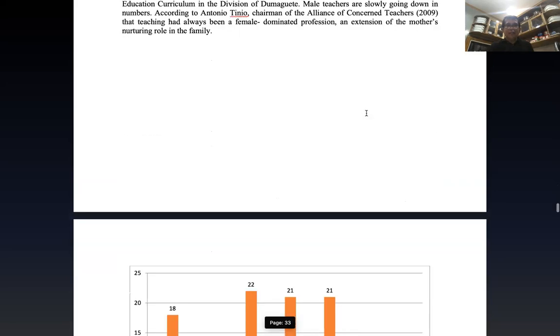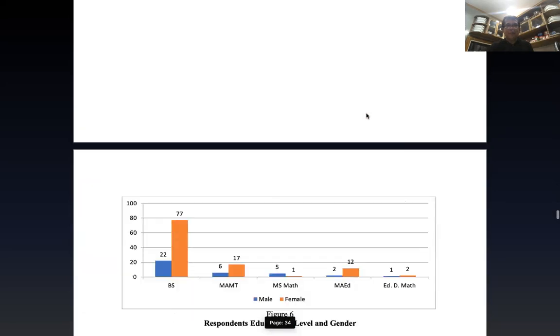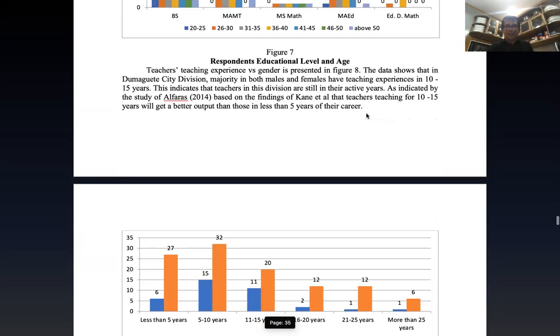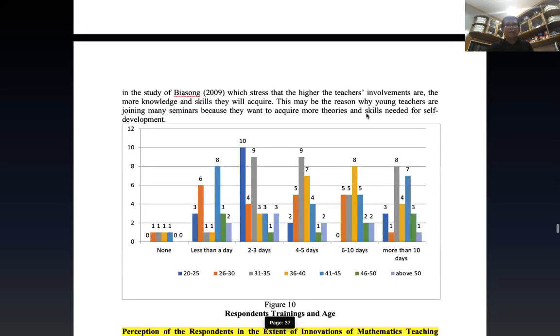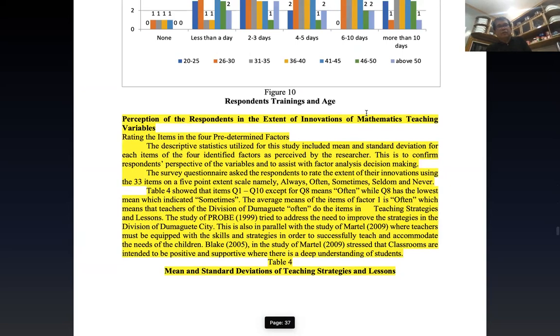The data collected for problem number 3 is presented here, highlighted in yellow: the perception of the respondents on the extent of innovation of mathematics teaching variables, rating the items in 4 predetermined factors. So my advice is to conceptualize 4 predetermined factors.